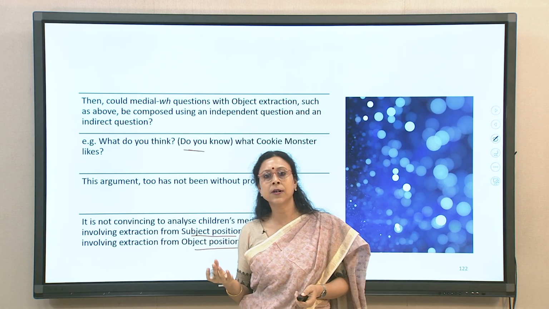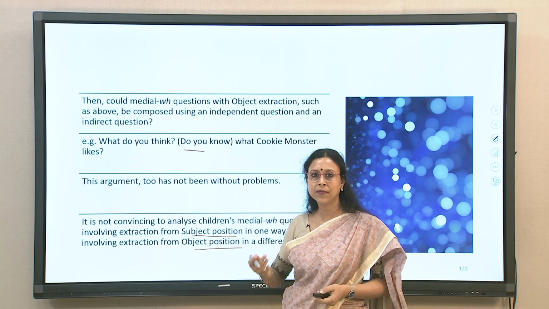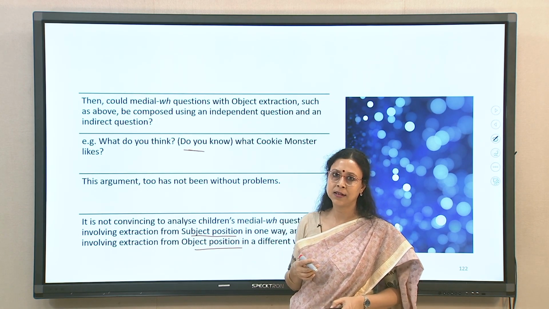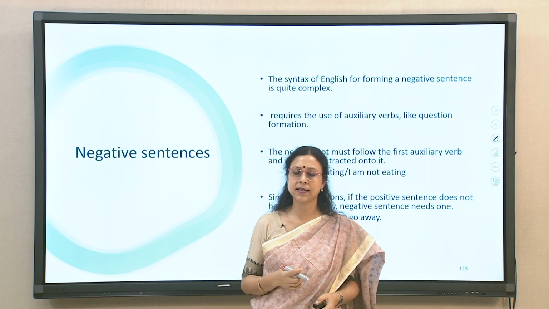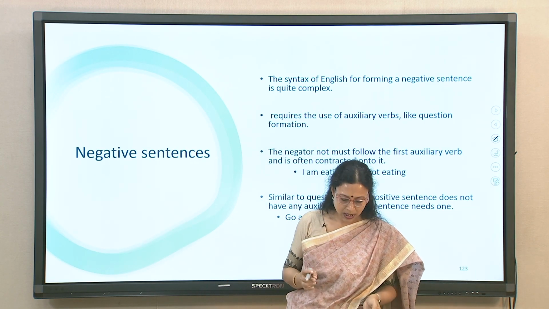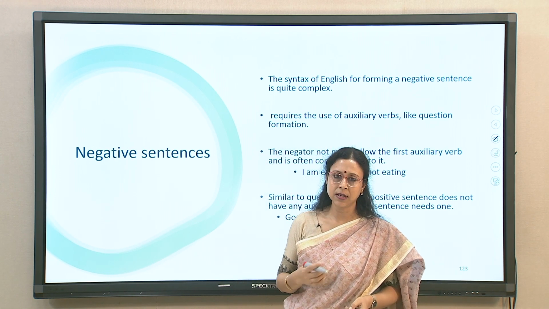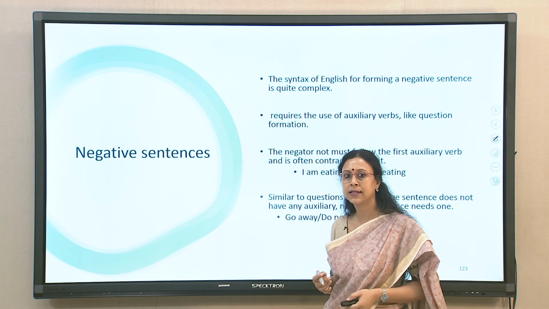So, in case of the subject position, you need a different analysis from the object position, and that does not seem to really work very well. So, it has not been very widely accepted. So, that is the two different positions with respect to forming the question sentences, the WH sentences.